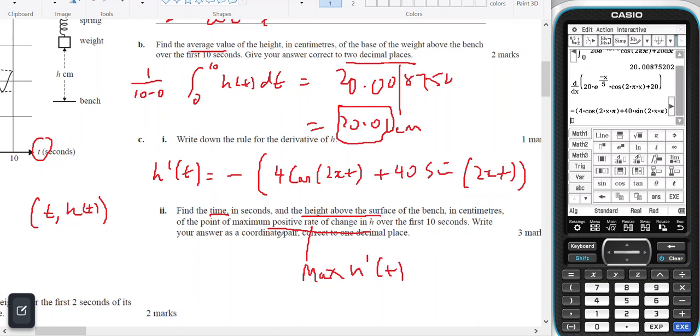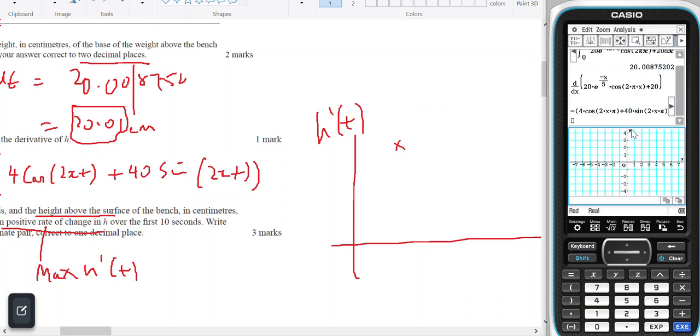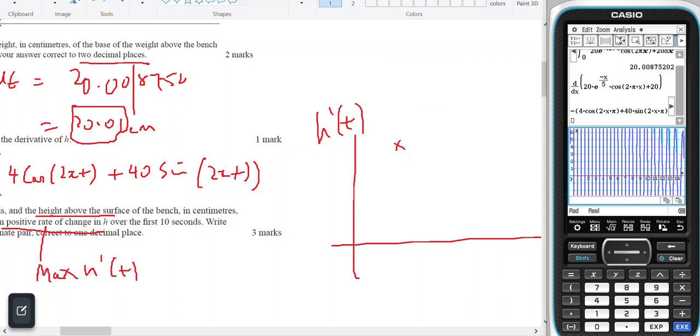So I need to find where the maximum positive rate of change is. I'd like to graph h dash of t and find where its positive maximum is. If I open up a graphing window, I'm going from 0 to 10. If I take my derivative, I'm in radians, that's good, drag and drop.